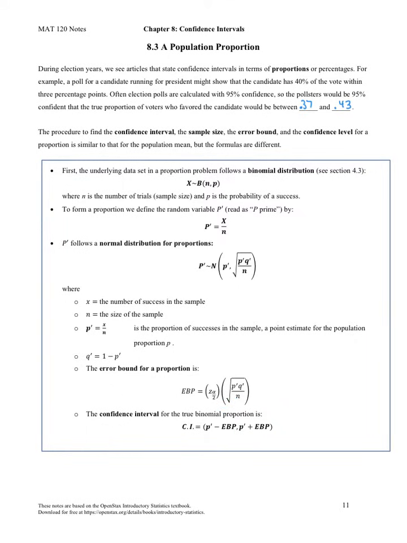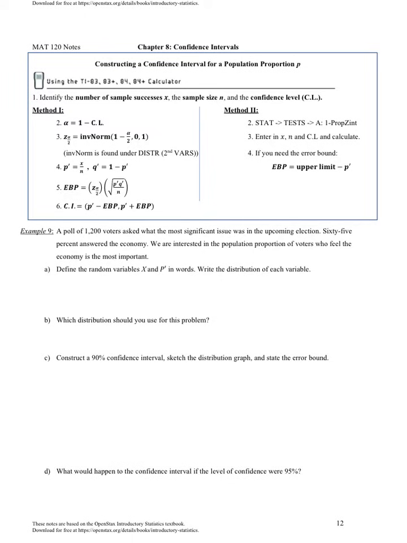The confidence interval is really similar to our normal and our t: we take our proportion, our probability of success, subtract the error bound, and for the upper bound, we take the probability of success and add the error bound. On the next page, you'll see a couple of methods to using your graphing calculator to find a confidence interval of a proportion.